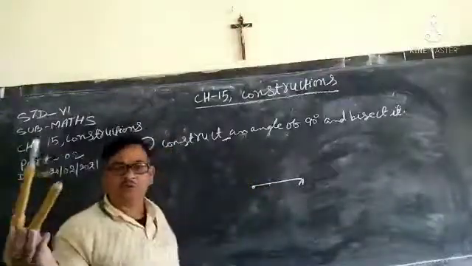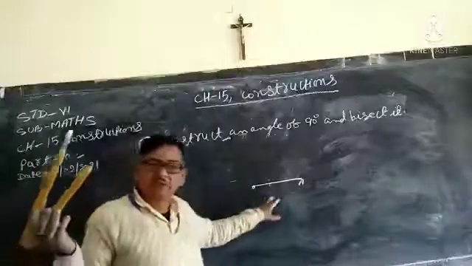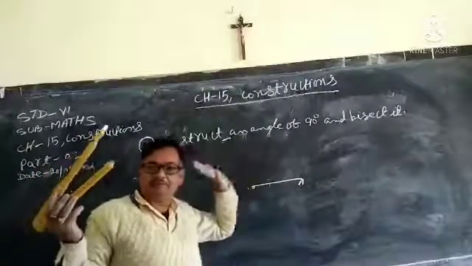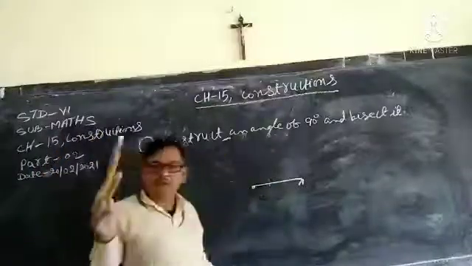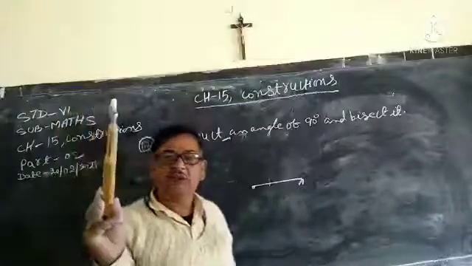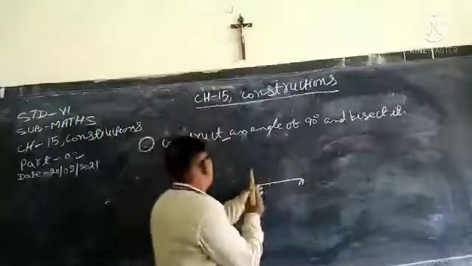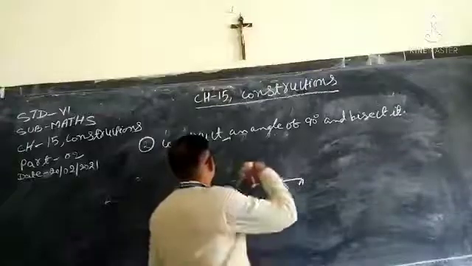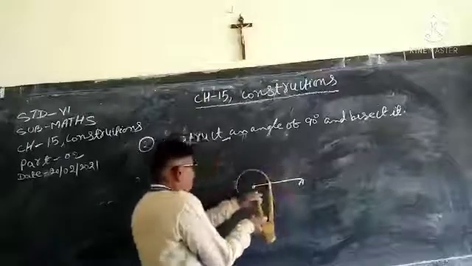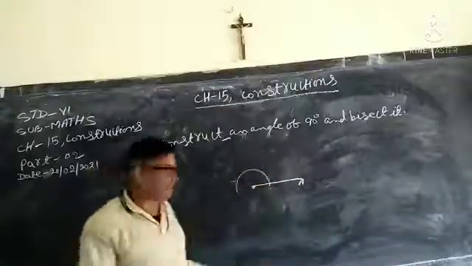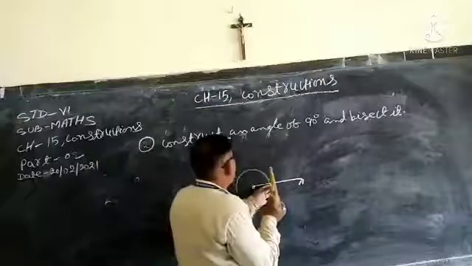Now what are you going to do? First step, you draw a line. Now with the help of the compass, you take one arc. This is 180 degrees.